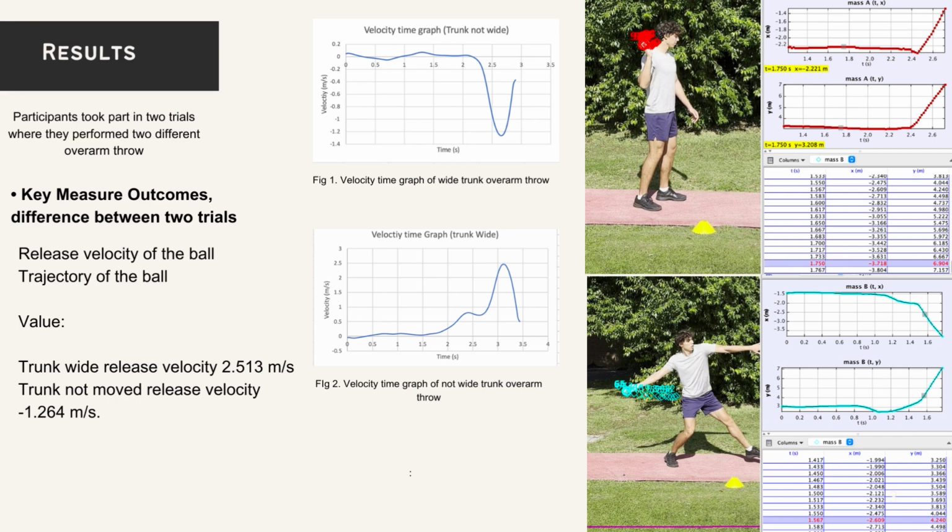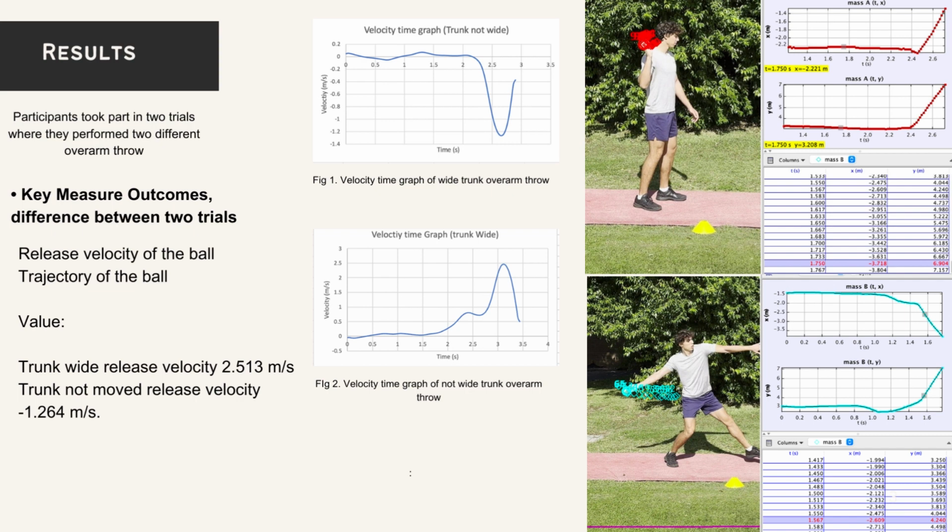The key major outcome differences between the two trials can be seen, and it's pretty significant as well. Like in the first graph, you can see the velocity is actually decreasing to a point, and the point is minus 1.264 meter per second, and then it started increasing.